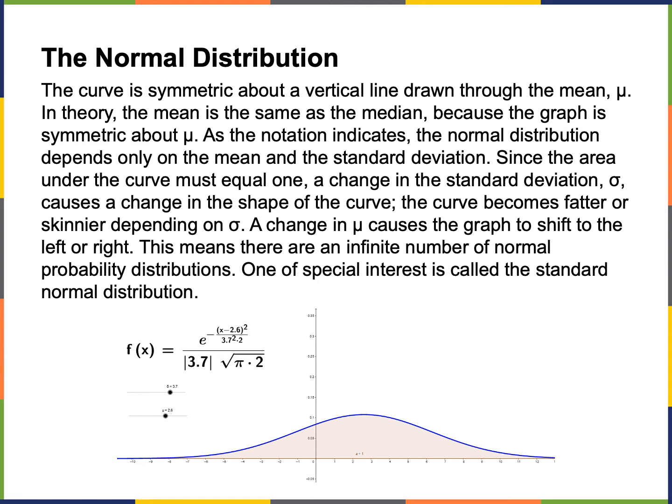Now, if we change the standard deviation, it changes the shape. So if the standard deviation is large, then the curve widens, right? And if the standard deviation is smaller, the curve gets more thin.